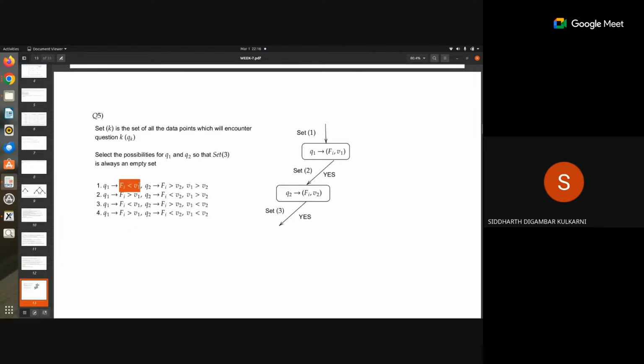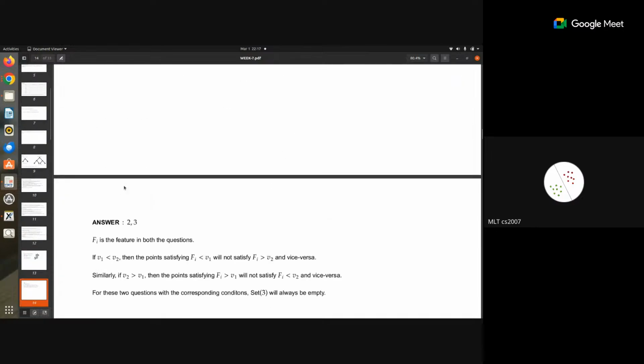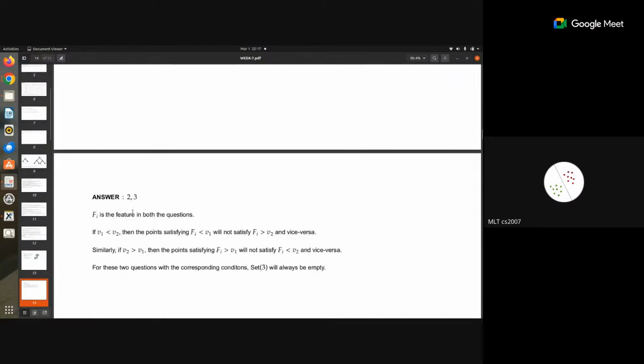Option 1 will not give an empty set because Fi is less than V1 and V1 is greater than V2, so there is a possibility that some of the data points will be more than V2. That set will be there. I think there is a problem with this question: it is written Fi, but it should be F1, or some feature. Fine, but answers 2 and 3 are correct.